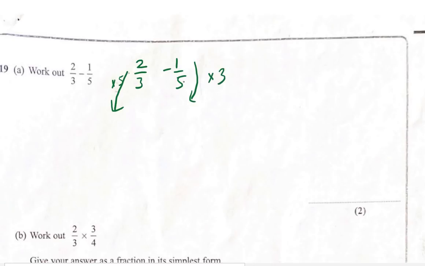Makes sense? So times 5 top and bottom, so 10 over 15, and this is going to be 3 over 15. Now I've got the same denominator, just take away 10, take away 3, is going to be 7 over 15. Easy peasy lemon squeezy, guys. 7 over 15. Hope you understand.